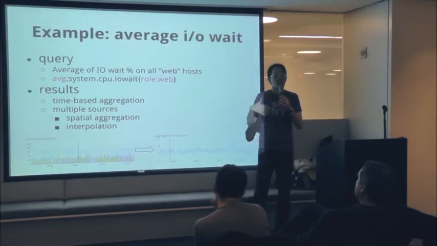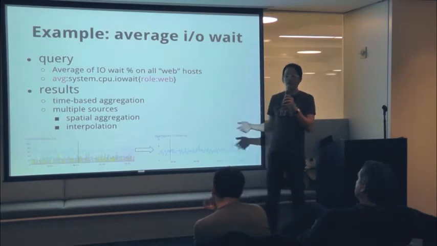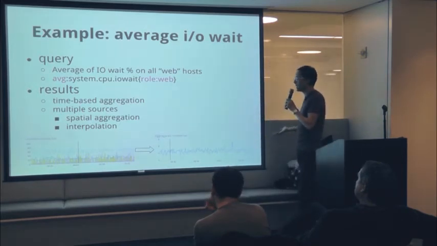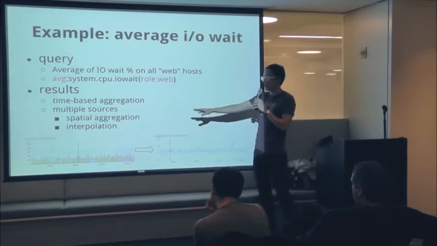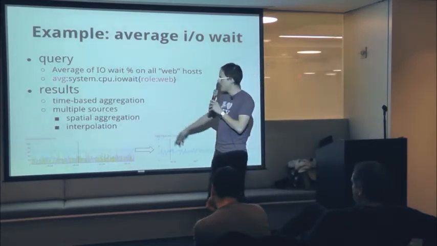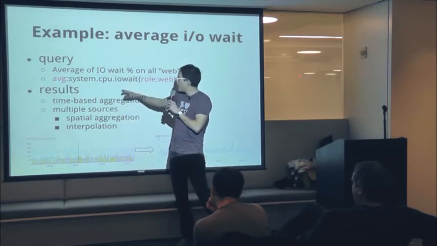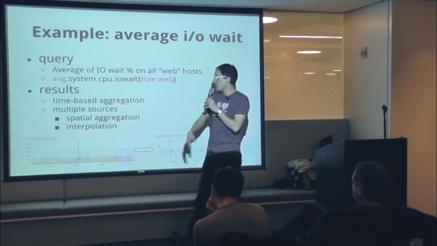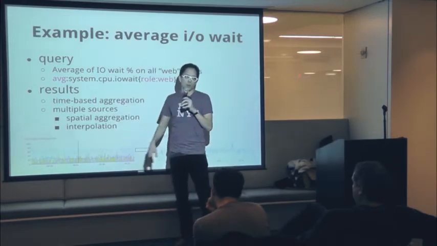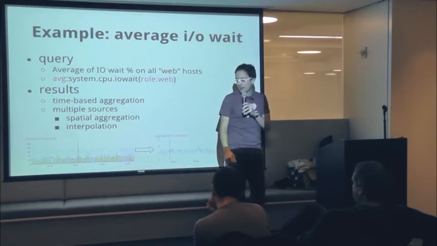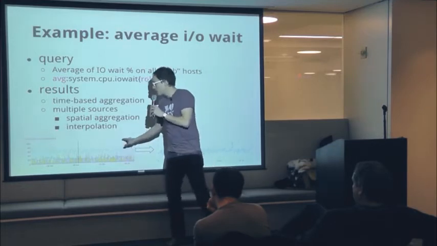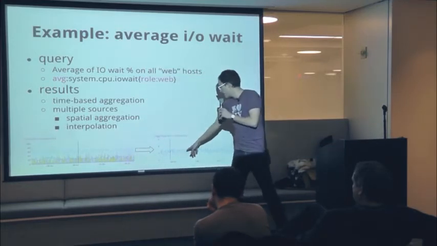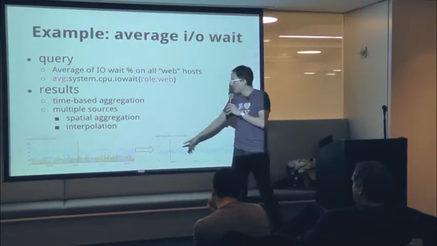The results are always the same, 200 to 600 points, because again, this is for graphing, and you don't really care about having 1 million data points to only graph 400 at the end. The interesting thing is that in this case, you get the average across a number of machines. This is what we call spatial aggregation. You basically take the metric for all the machines, and then you compute the average, because this is what you're asking the system to produce.